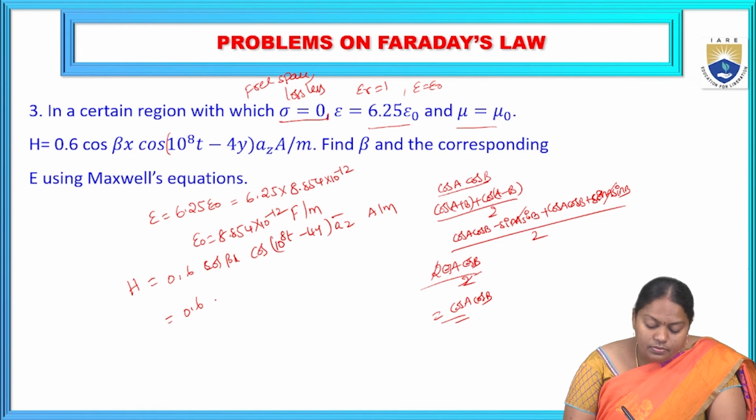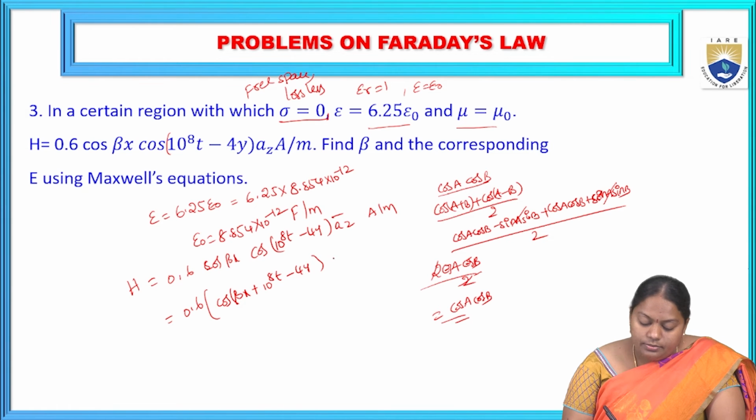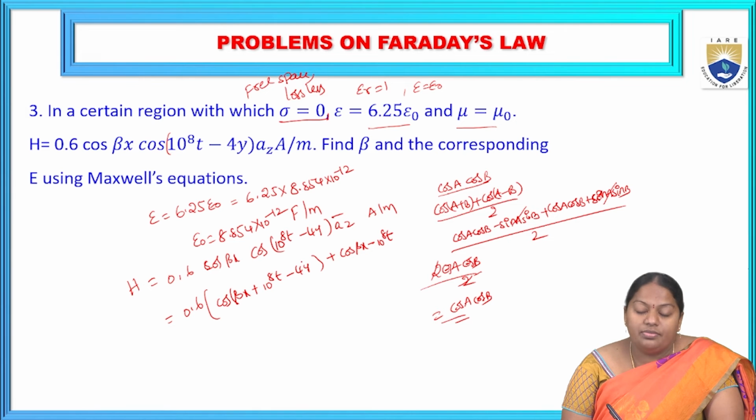So for that, first, cos of A value is beta x plus B is 10 power 8 t minus 4y. Then plus cos A again, cos beta x minus B, where B is 10 power 8 t minus 4y, and already in the formula negative is there, so minus of minus becomes plus, that is 4y.